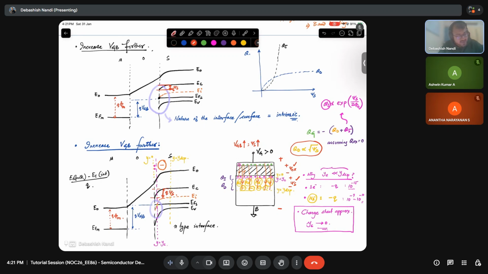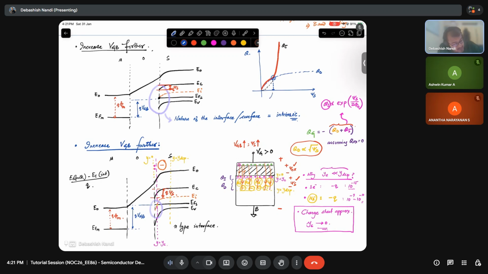So your effective resultant will be this, because these are getting added, right? And it is around this point that these two will cross each other.